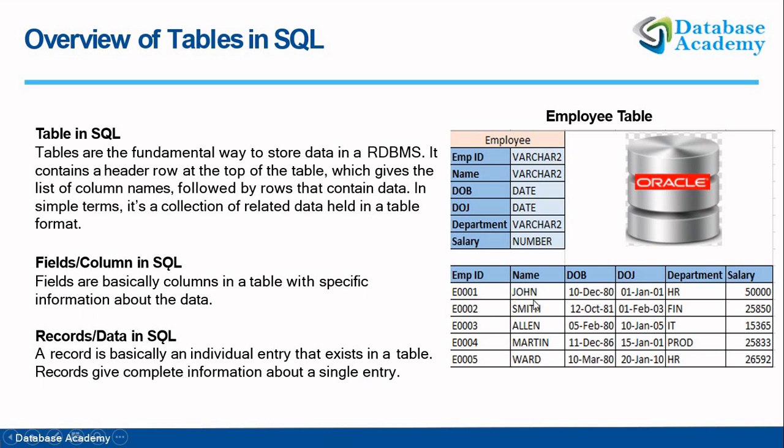Here if we are trying to get John's details, his employee ID is 1, his date of birth is this one, date of joining, the department he is working in, and salary is 50,000. So this data displays a specific individual entry only, right? So we can get to know about each employee and their respective data.